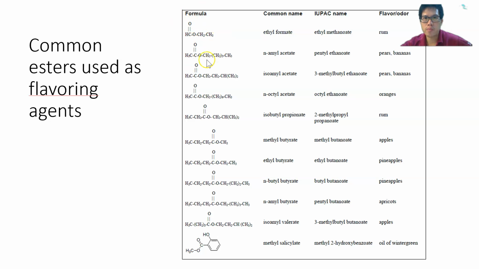This is the molecular structure for pentyl ethanoate, which gives the pear and banana smell, or flavors. Then you have octyl ethanoate, which is the orange flavor, and so forth. These are some of the common esters used as flavoring agents.